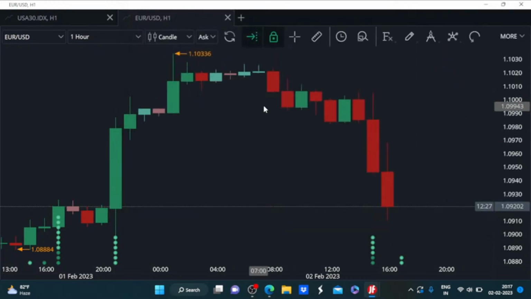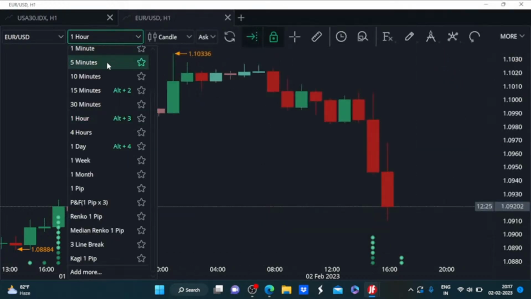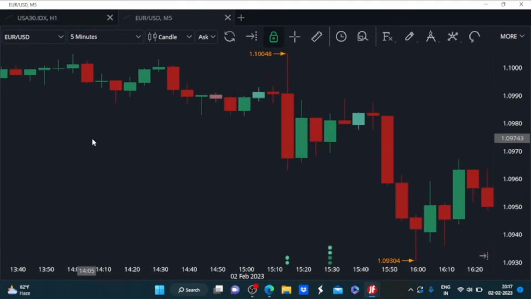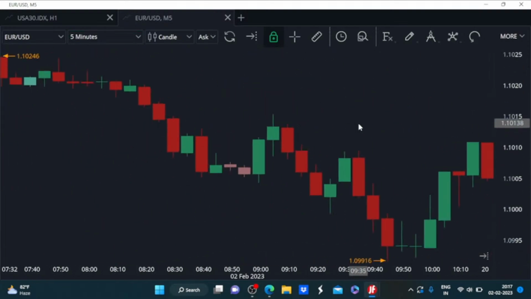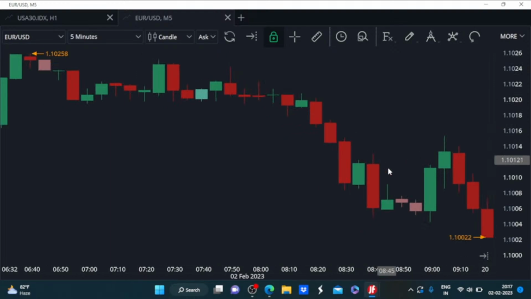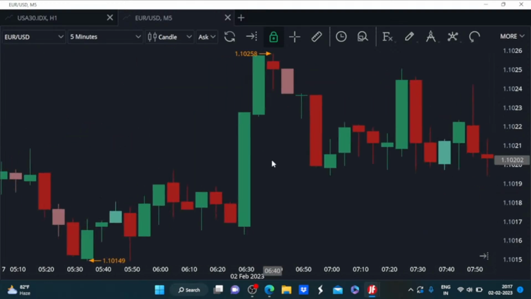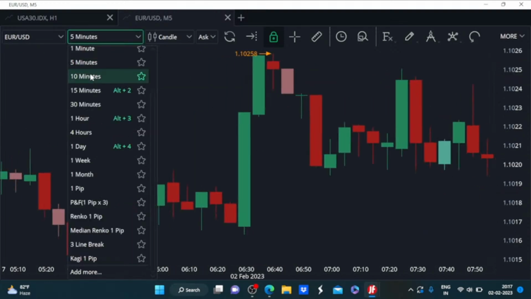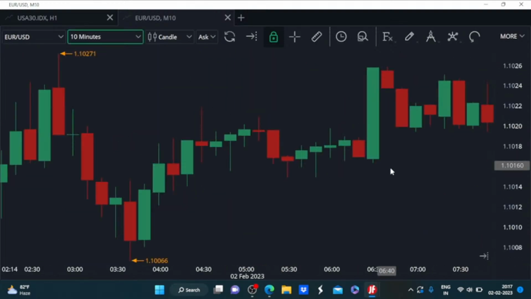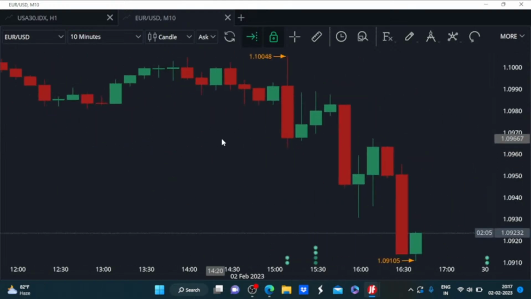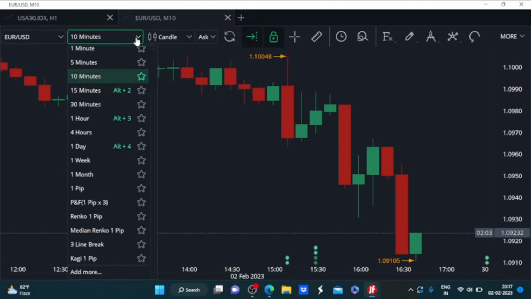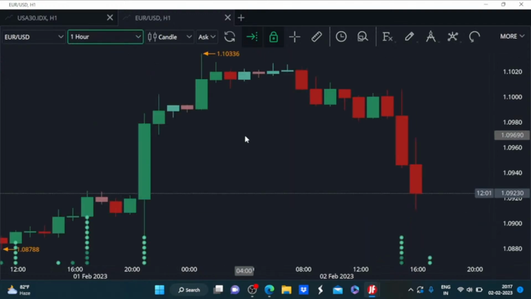So if we change the candle period to say, for example, 5 minutes, we will have the price structure in which we are getting these candles recognized as and when they form on the chart. But if I change to 10 minutes or any other candle period, I won't see any short line candle being recognized on the chart, because we have defined it only for hourly and 5 minutes.